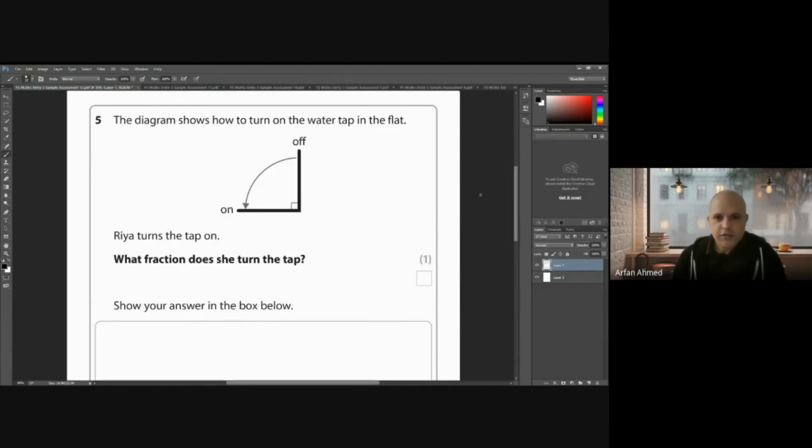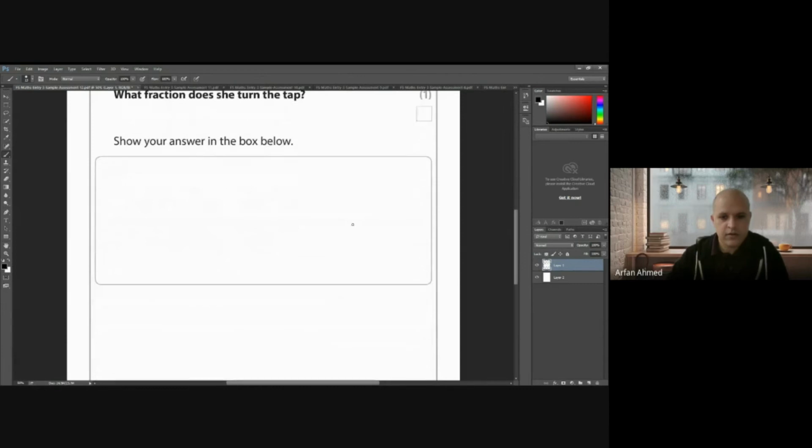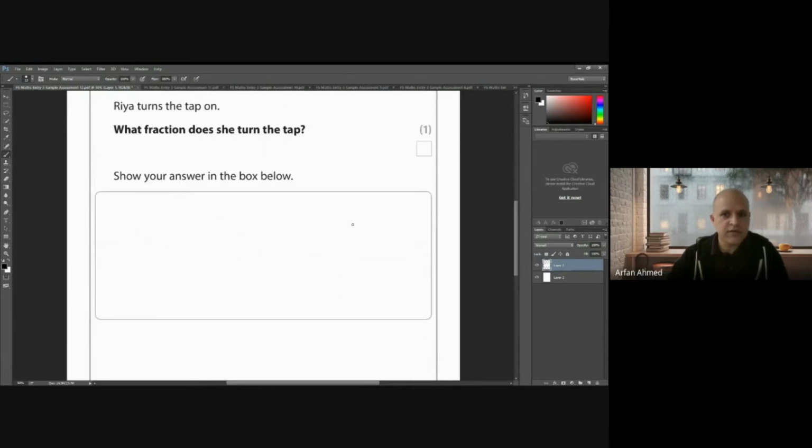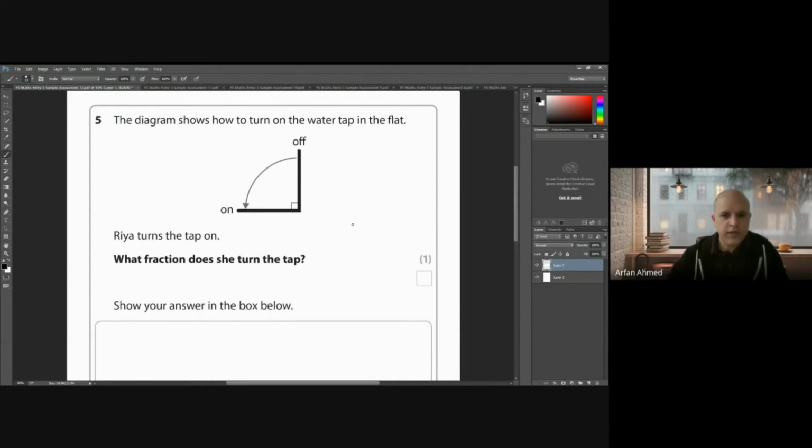Diagram shows how to turn on the water tap in the flat. Okay. Rhea turns the tap on. What fraction does she turn the tap for 1 mark? Show your answer in the box. Again, just need to write our answer in there. That's it. Fraction. Well, basically, you should know what this symbol means.